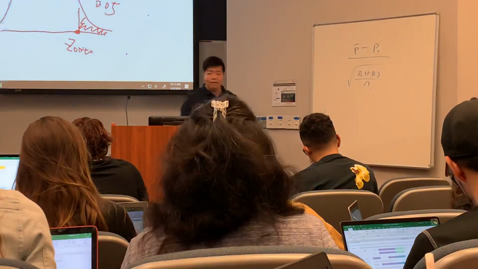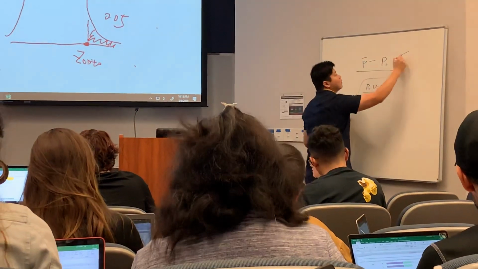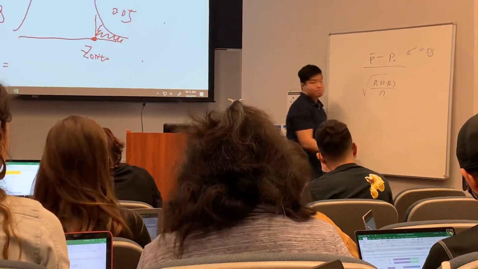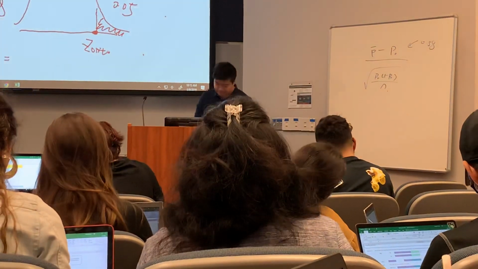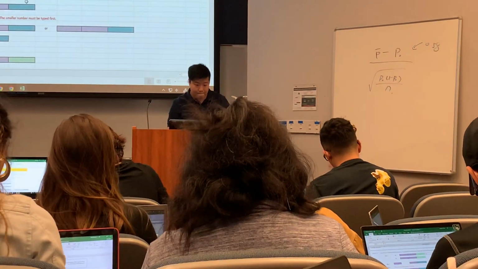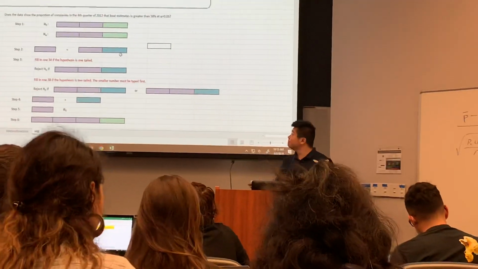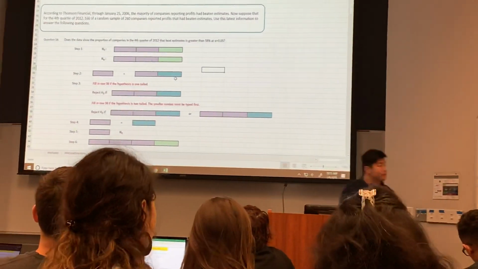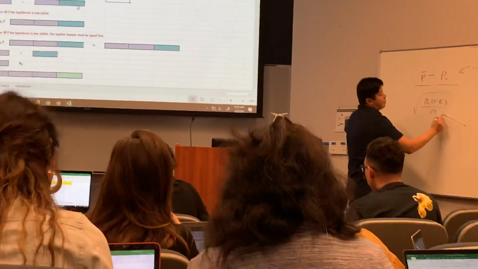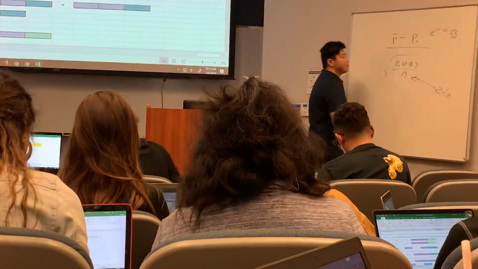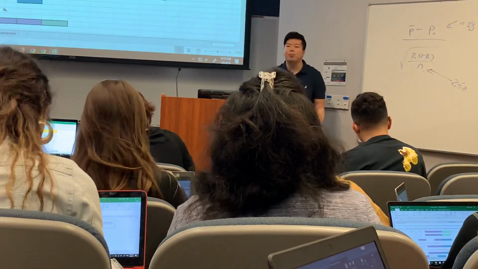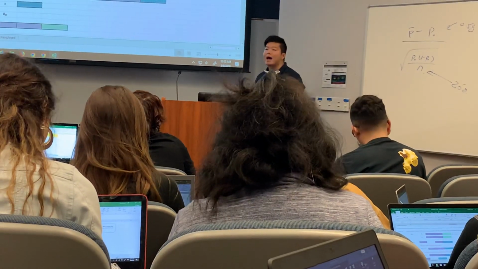So my P null is given, which is 0.58. What is my N? 260. Then what is my P bar? What is my sample proportion?